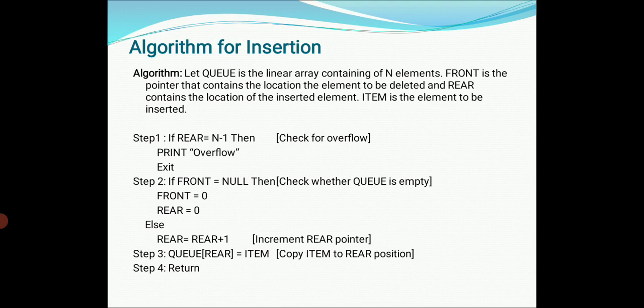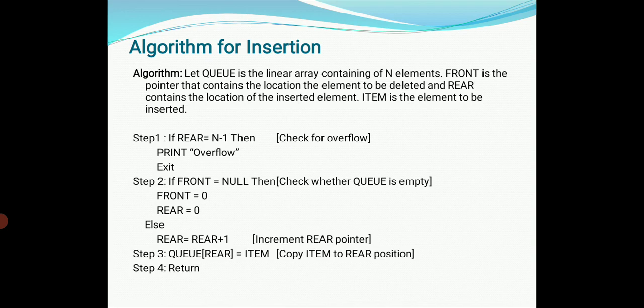If front is equal to null, when this condition becomes true, it checks whether the queue is empty or not. Then front is equal to 0 and also rear is equal to 0. Or else, when the condition becomes false, rear equals rear plus 1. That means incrementing the rear pointer.